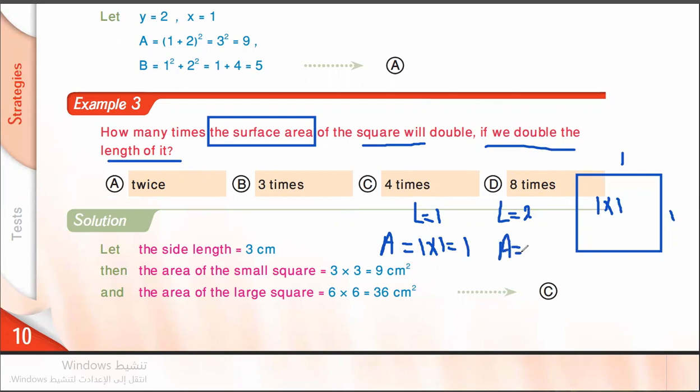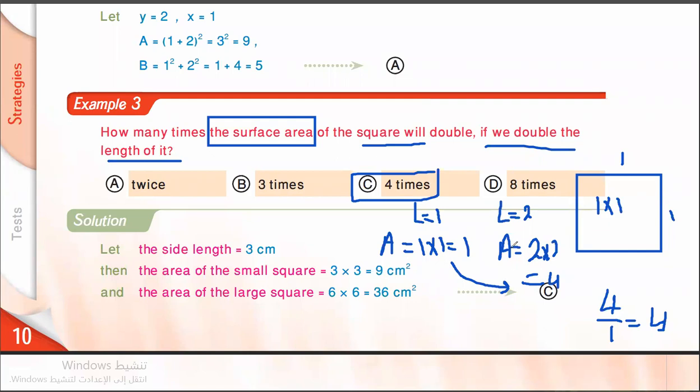You multiply 2 times 2, so it is 4, right? How many times from the first one, from 1 to 4? It is 4 times. Also, you can divide it, Ali Muayyad: 4 divided by 1 is 4. So the answer is C.